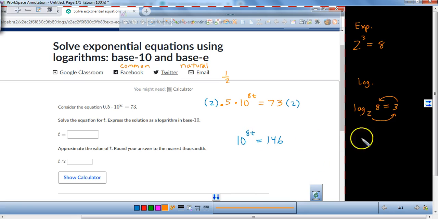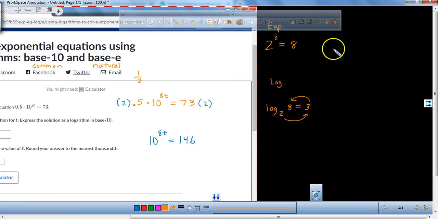Another way of thinking about it is, if I had b to the power of x equals y, written in logarithmic form, that'd be log base b of y equals x. So let's check this out.